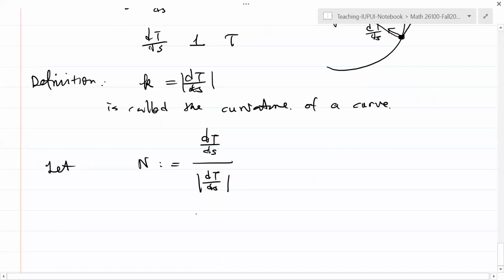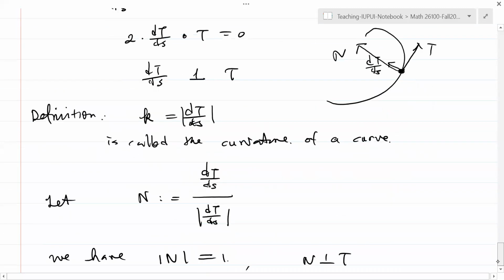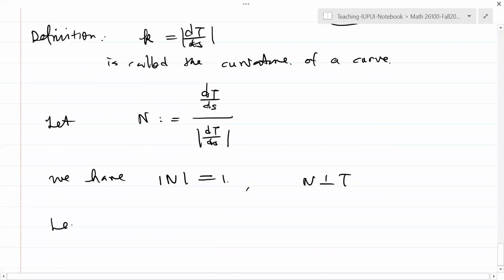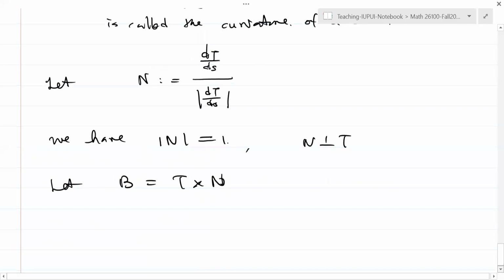Now you have two unit vectors perpendicular to each other, so N is perpendicular to T. Now you can get a third one in three-dimensional space, which is perpendicular to T and N. So you let B be T cross N. Then this is a unit vector also, called the binormal vector.